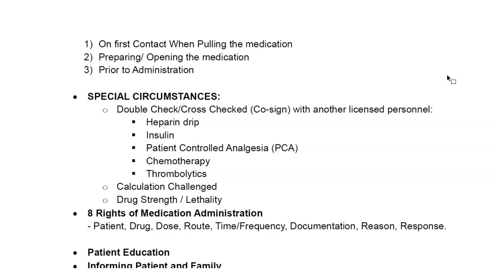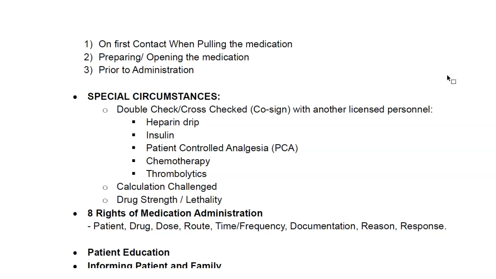And then last but not least, when you're in the patient room, right before you administer the medication, you check it again, right? Make sure, is this the right medication? Is this the right medication for this patient? So you're going to check it prior to administration right there at the bedside.